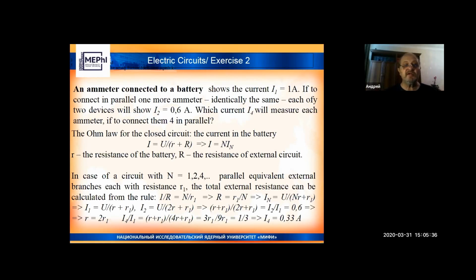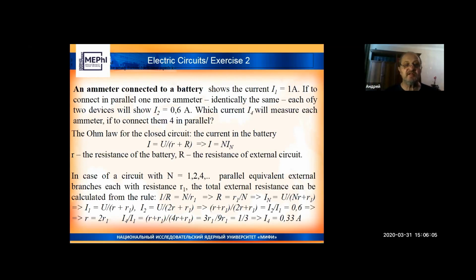Now we should only calculate the resistance of our external circuit. We already know from the previous example, if the external circuit is several resistors, an ammeter can be considered simply as a resistor from the electrical point of view. If they are all connected in parallel, then we should sum up values inverse to resistances.